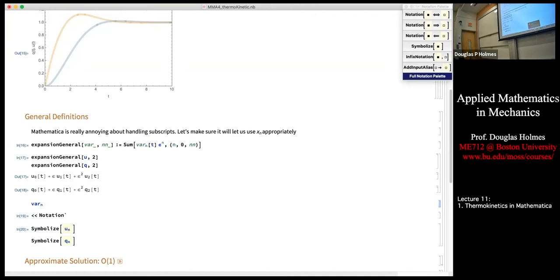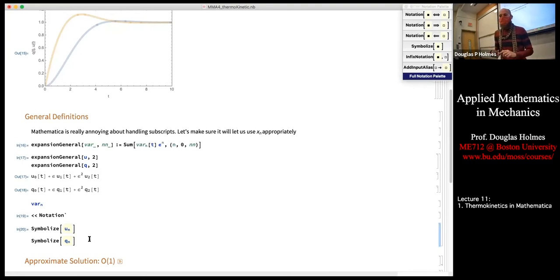Why am I making u sub n and q sub n a symbol? Yeah, great question. I only have half an answer for you. My half an answer is, by default, Mathematica doesn't think of u sub n the way we think of u sub n. We're used to thinking of u sub n as, if I give you an n of 2, it makes it u of 2.